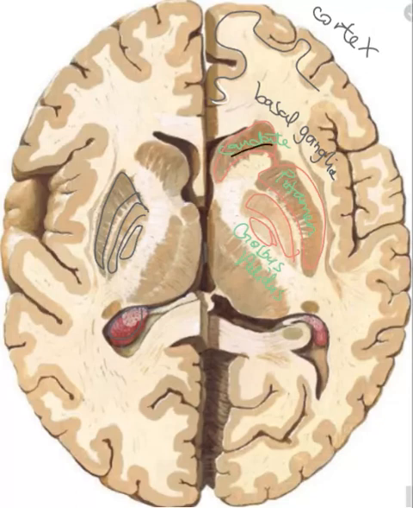The caudate, the putamen, and the globus pallidus. As we see, the globus pallidus has two parts: the internal globus pallidus and the external globus pallidus. This structure in the middle is the thalamus.